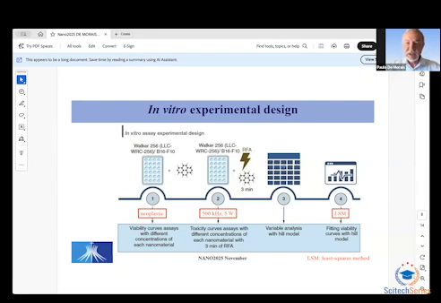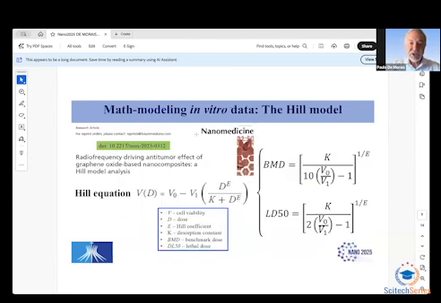Finally, we collect all the data and we perform a mathematical analysis of the in vitro cell viability. Here is the mathematical model we used to describe the cell viability. It was based on the Hill model. I think it's worth mentioning that the Hill model was proposed more than a century ago.